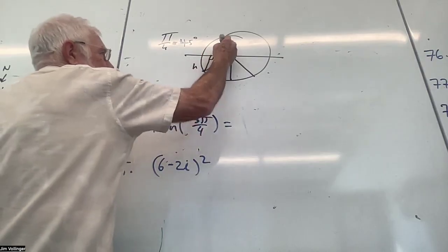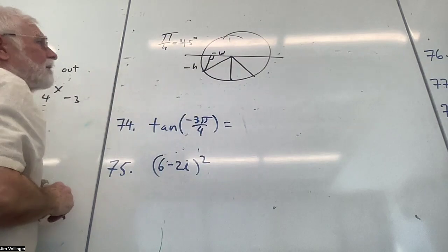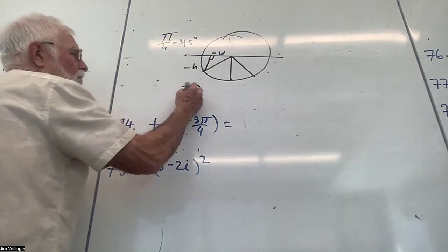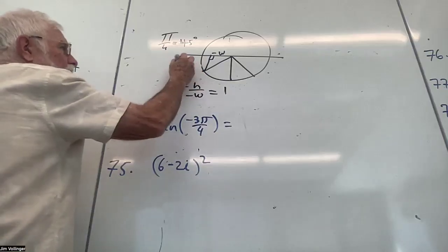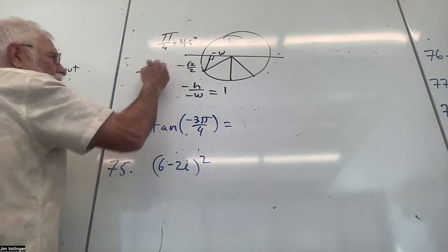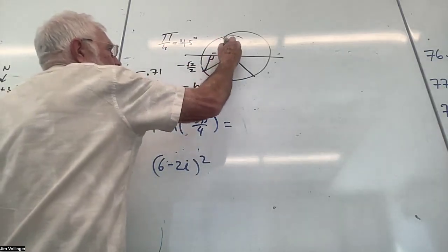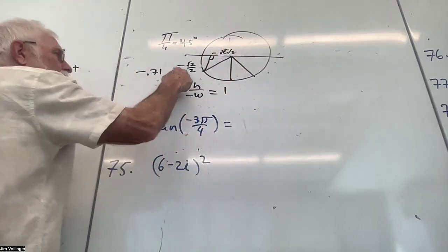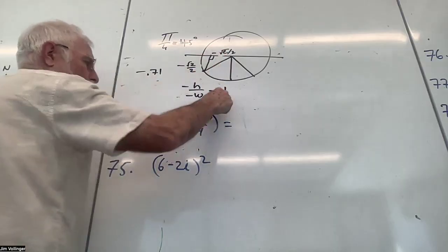Those heights and widths have the same magnitude, and they both happen to be negative. So I'm doing -h over -w, which is 1. What was -h? It was -√2 over 2, which is approximately -0.71. I think it's important you know that. What was the width? -√2 over 2.